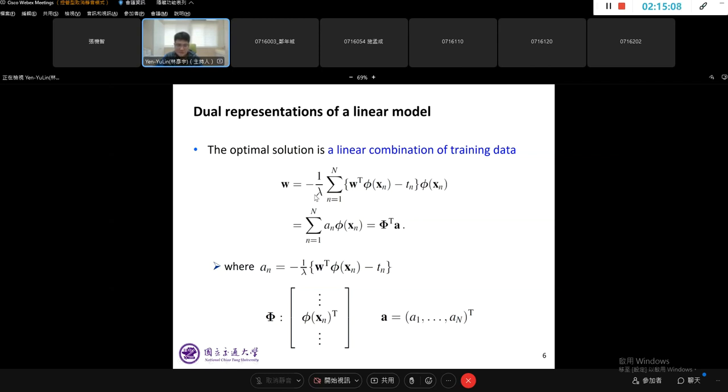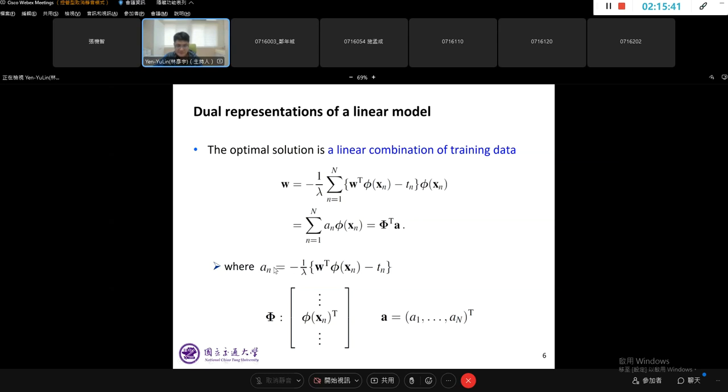Lambda is a predefined constant, so minus 1 over lambda is also a constant value. If we merge this constant and the term inside the parentheses, we use an to denote their combination. That is the constant multiplied by the term inside the parentheses. So it is a one-dimensional real value.